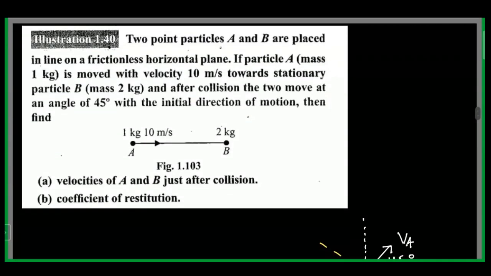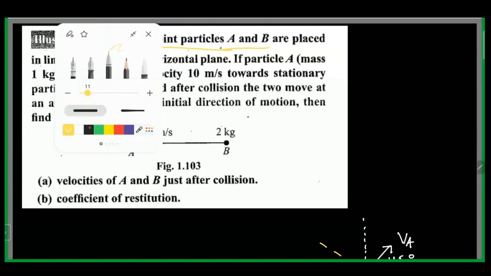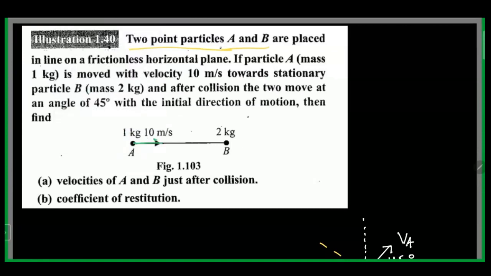So we have two particles, particle A and particle B, on a horizontal plane which is frictionless. Particle A, which has a mass of 1 kg, comes with a speed of 10 meter per second and hits particle B, which has a mass of 2 kg.